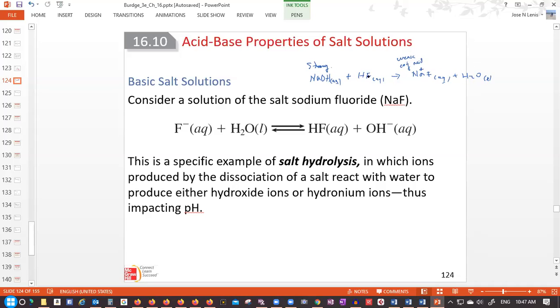What about this one? Remember, we have this on the list of weak acids. So this is a weak acid, producing a strong conjugate base. All right, so let's do the analysis. This is weak. Na plus is a weak conjugate acid, too weak to react with water because it comes from a strong base.